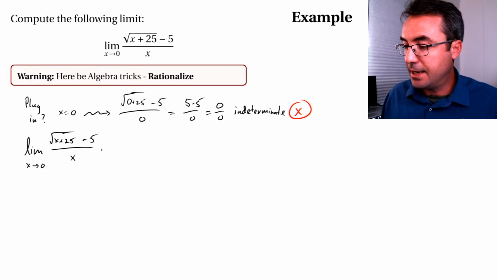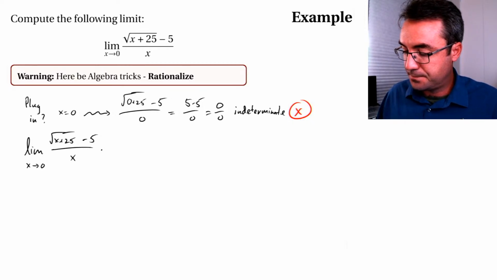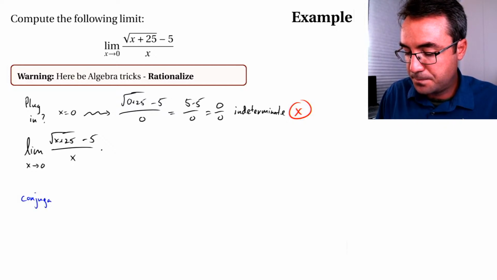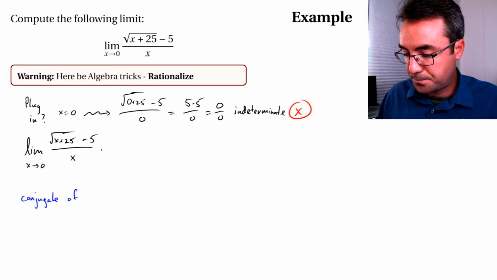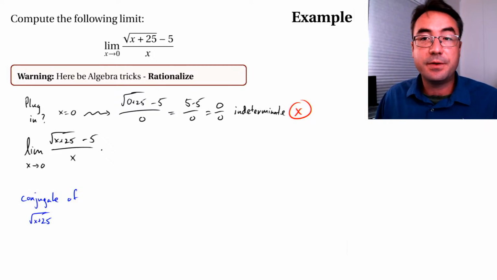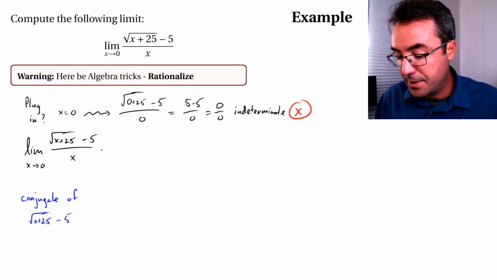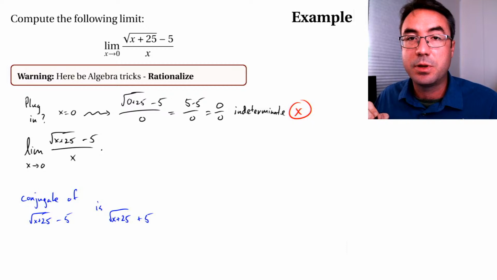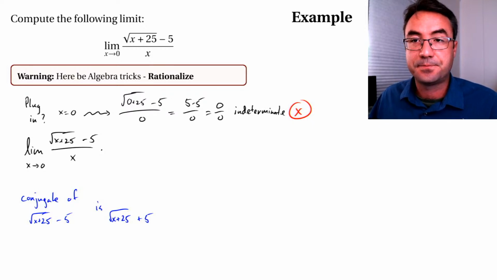And so what the conjugate is, our numerator there is the square root of x plus 25 minus 5. So the conjugate of that is basically the same. It looks the same, except we change that minus to a plus, and that's the only difference.